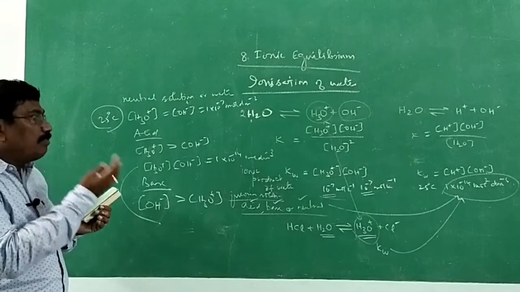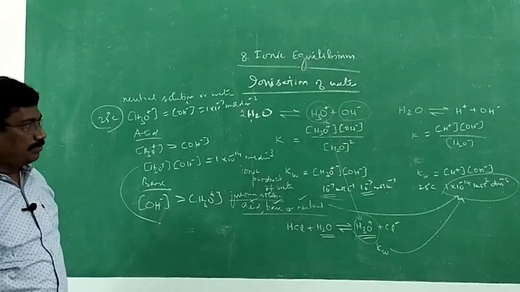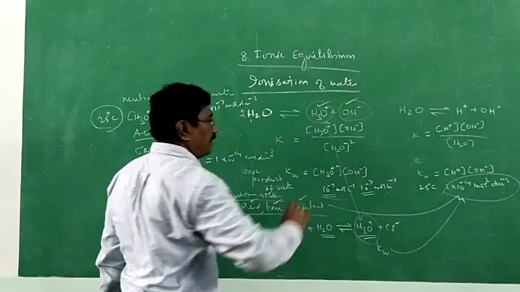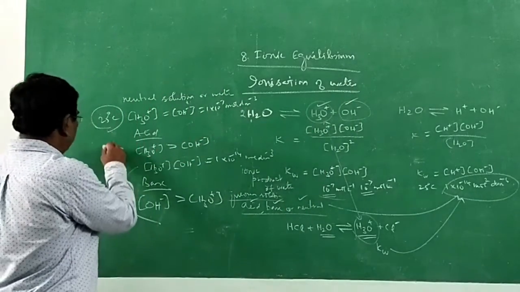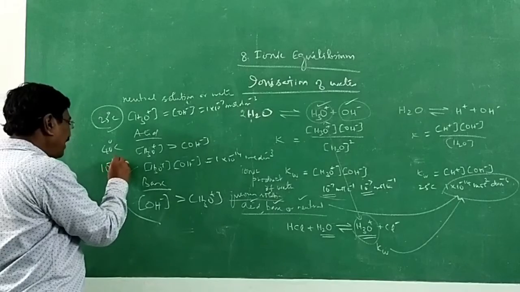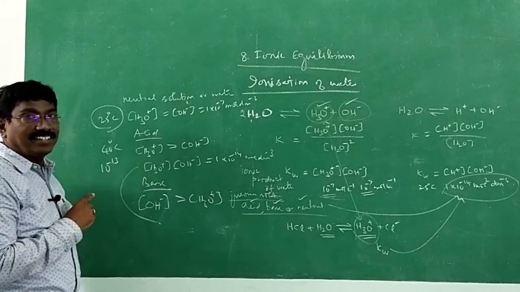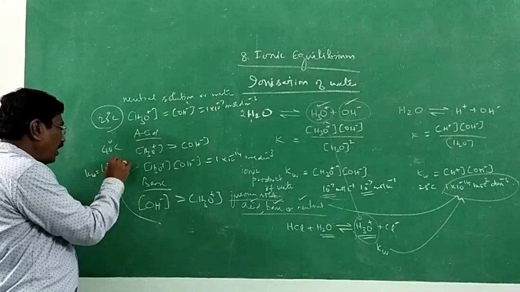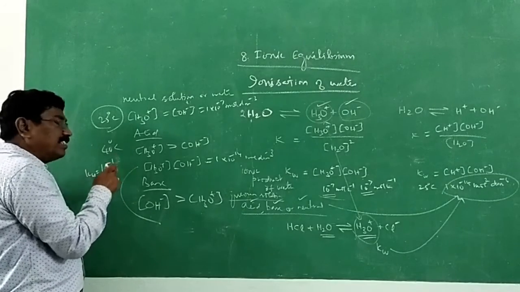More and more water may get ionized. And therefore the concentrations of hydrogen ion and hydroxide ion will be higher. Maybe at 40 degrees Celsius, the product may be 10 power minus 13. Kw may be greater than 10 power minus 14, maybe of the order of 10 power minus 13, minus 12, like that.